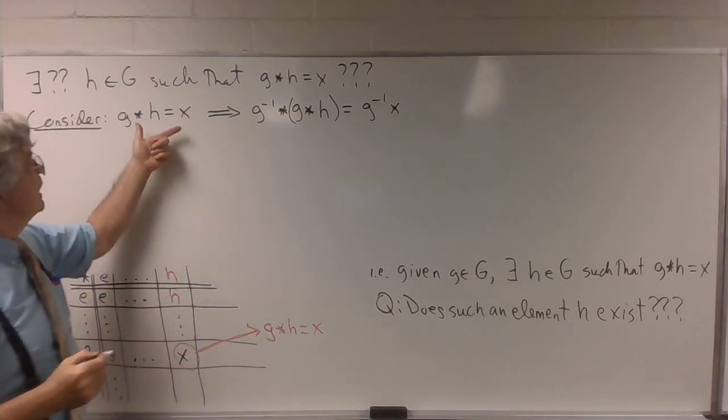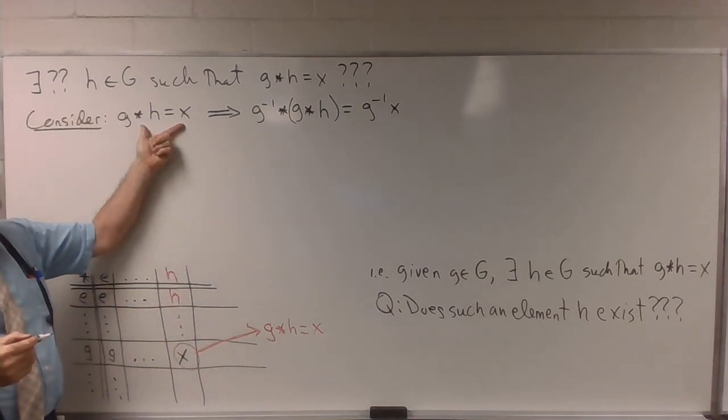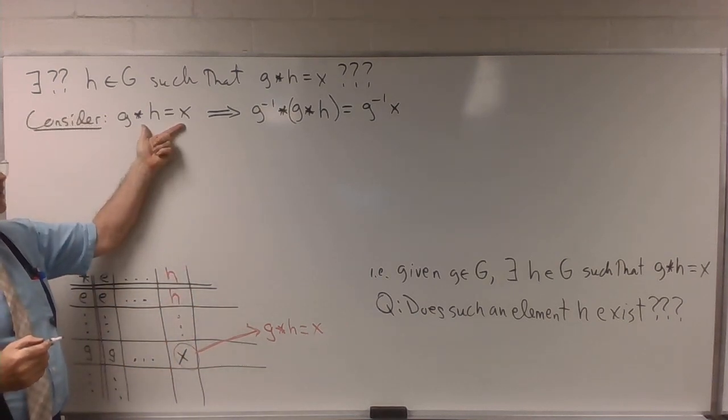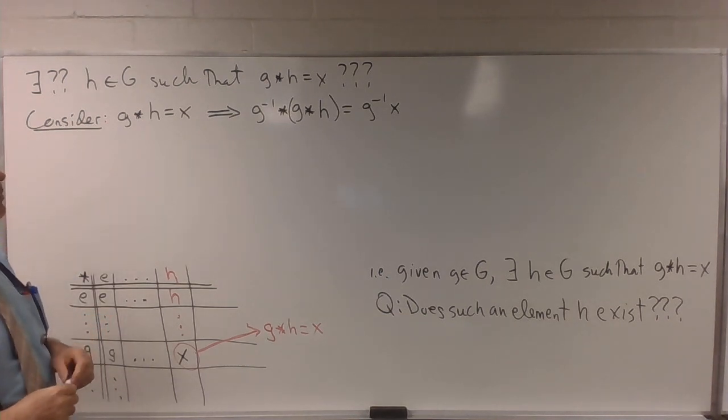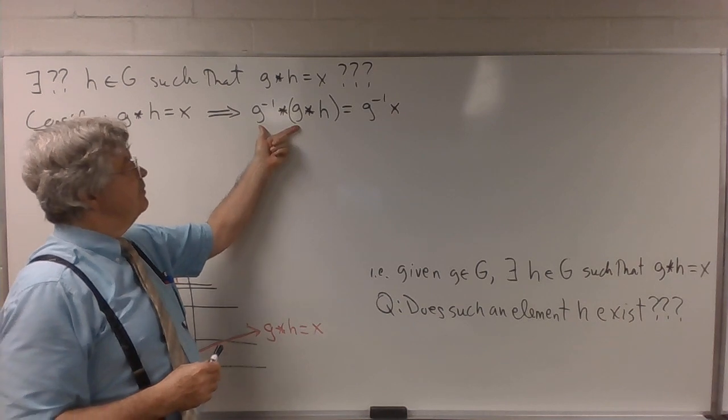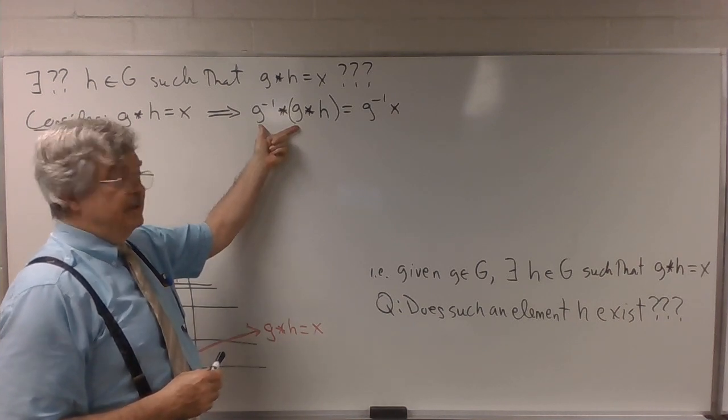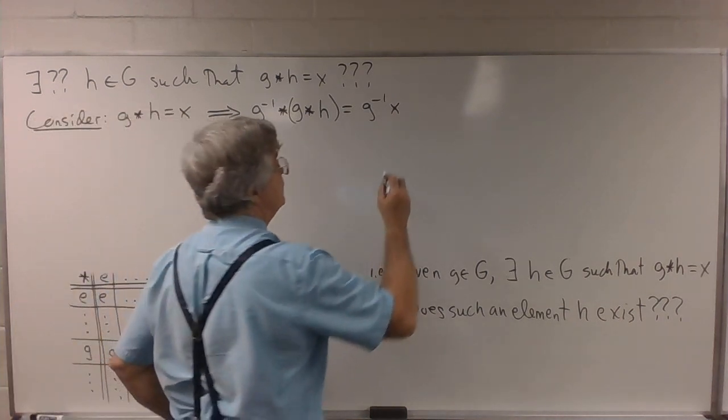So we multiply both sides of this equation by the inverse of g. And then we use associativity to associate these two elements together first.